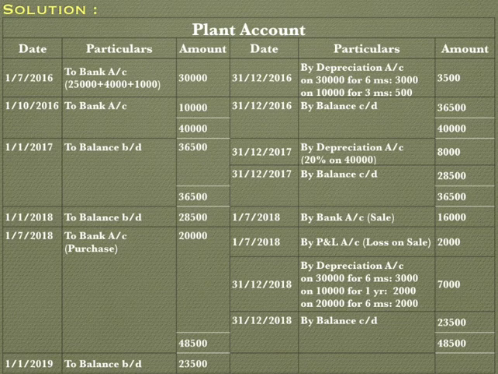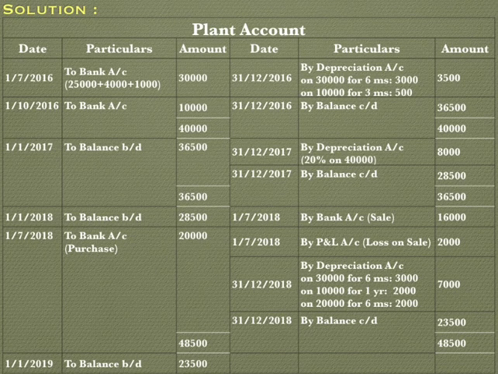Now in this year we have sold our older machinery and purchased new machinery. All the transactions have been completed, so we will close the books for this year. But before that we have to give depreciation for the year 2018. At the end of the year we will give depreciation. Depreciation for our older machine for 6 months, rupees 3,000, will be given.